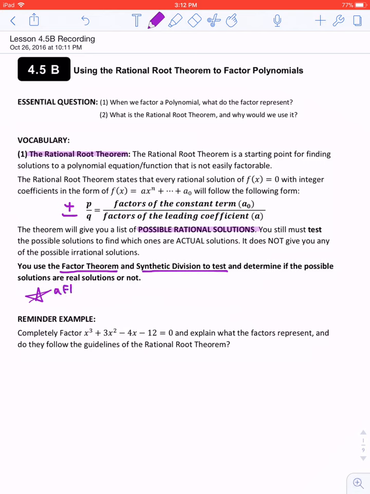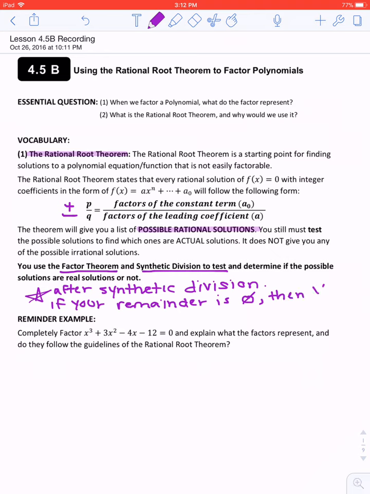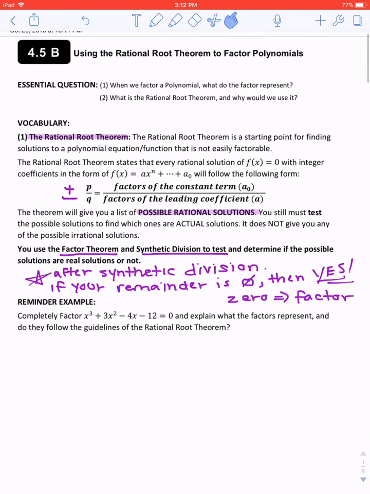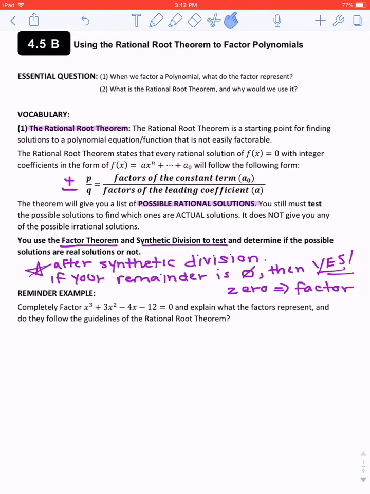So after synthetic division, if your remainder is 0, then you get to do a big yes. It's a true 0, which can make a factor.